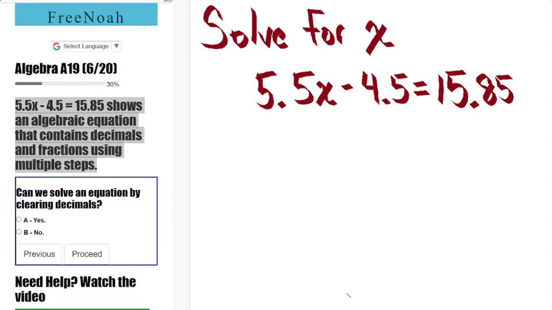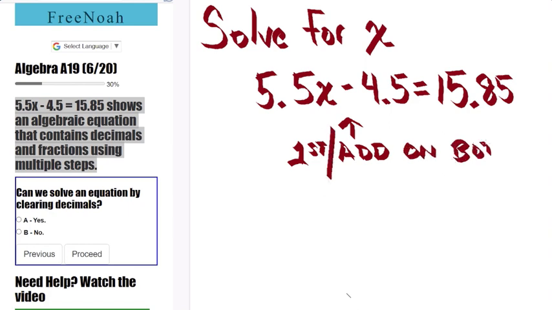If you take into consideration the order of operations, we have to flip it. Usually we do the addition and the subtraction at the end of the order of operations when solving. This time we're going to do the addition first. We notice here that there's a subtraction sign.